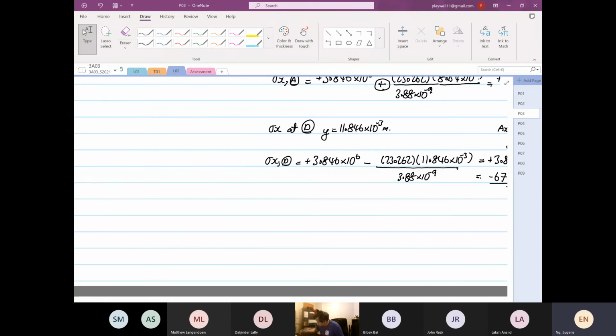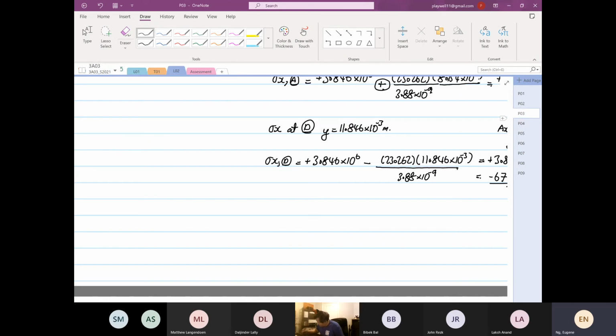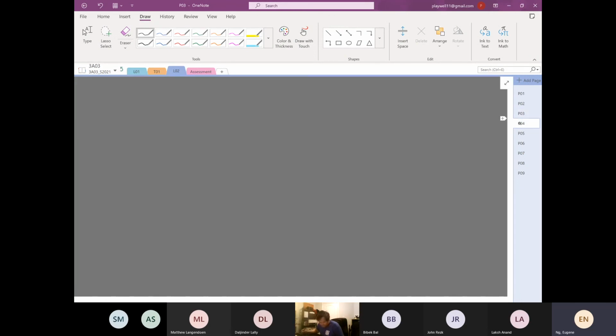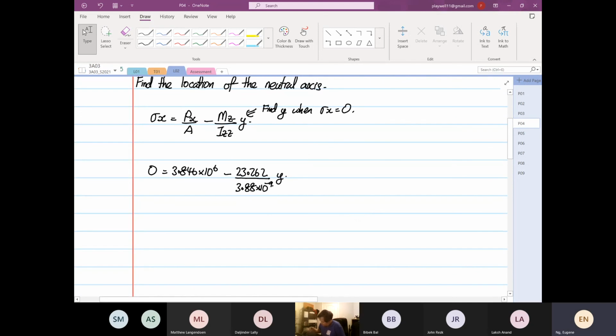It's 23.262, divided by our Izz, which is 3.88 times 10 to the power minus 9, and this is your y. Okay, so one equation, one unknown, it's easy to find.